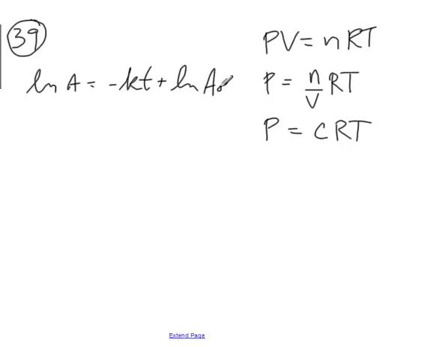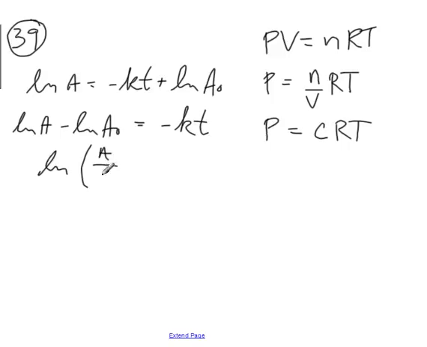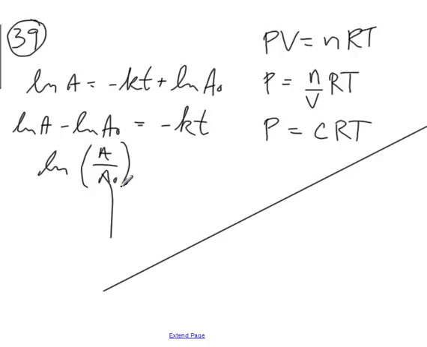If you move the natural log of A0 to the left, you get the natural log of A minus the natural log of A0 equals negative kt. And what am I going to do with that? Divide. This is now using a log rule, the natural log of A over A0 equals negative kt. Look at that way of writing it.